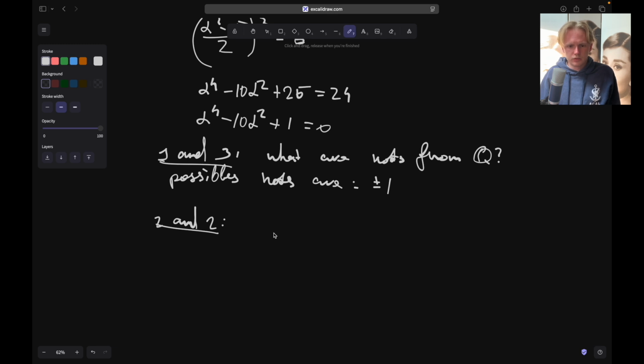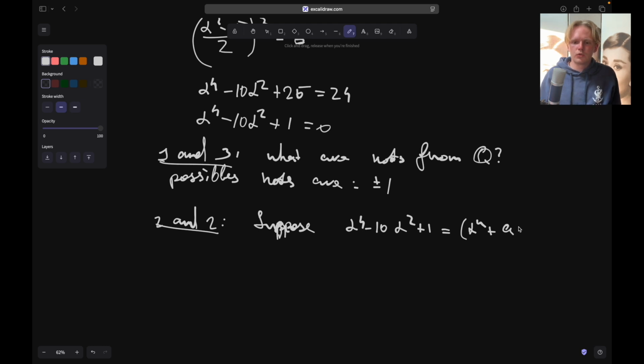So we suppose that it is split. Oops, we need to have power 2.